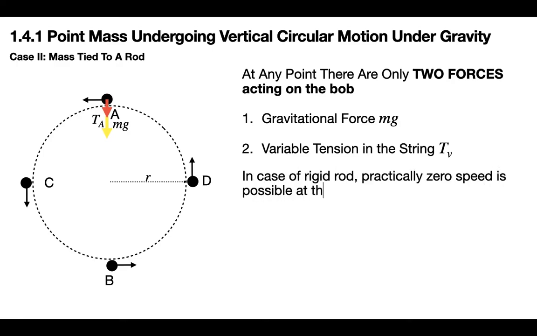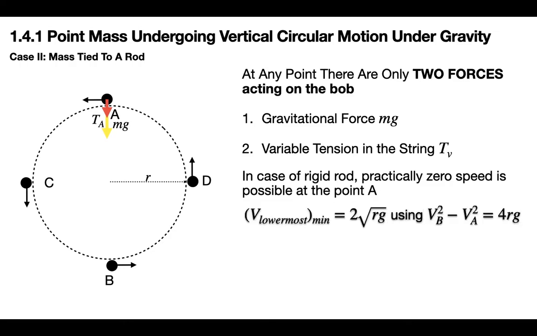So in case of a rigid rod, practically zero speed is possible at point A, and that gives V lowermost minimum is equal to 2 root rg, using Vb square minus Va square is equal to 4rg, because Va you can put 0, so Vb you get 2 root rg.